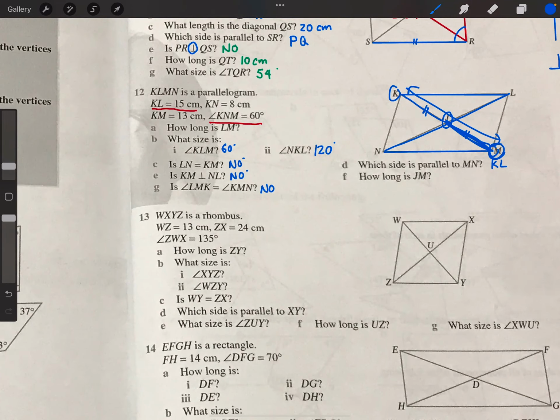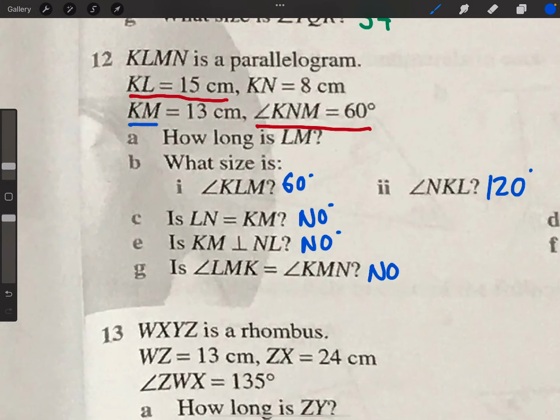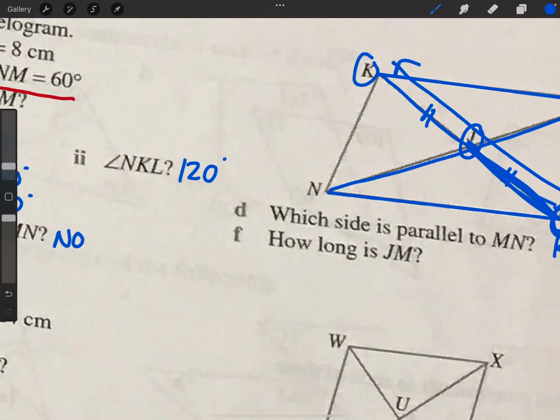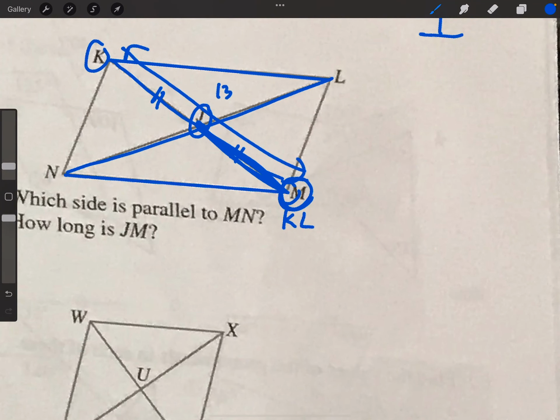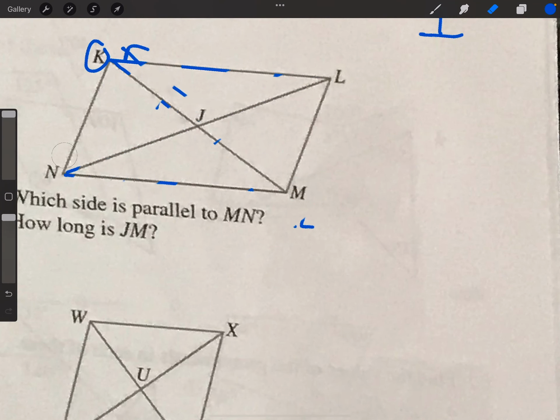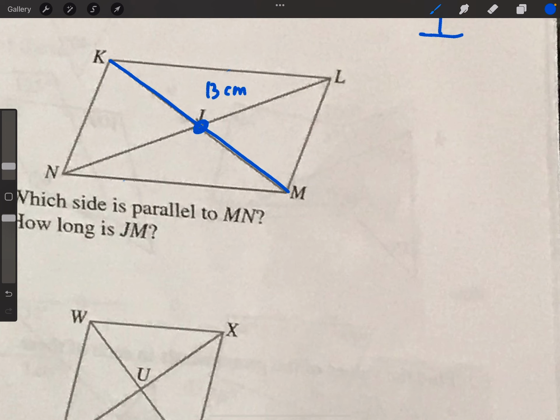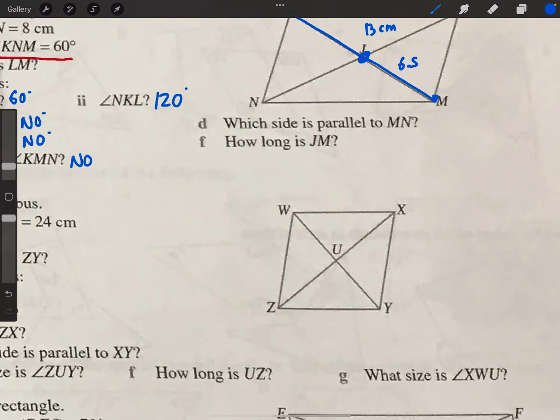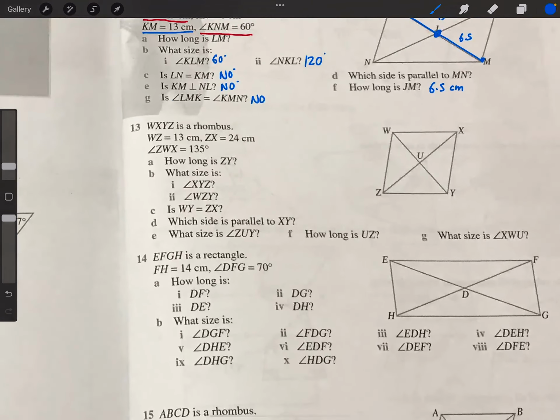KM is equal to 13 centimeters right here. So this distance is 13 centimeters. Let me just rub this out. So what's this distance? This should be half of that. So this should be 6.5. So JM is 6.5 centimeters.